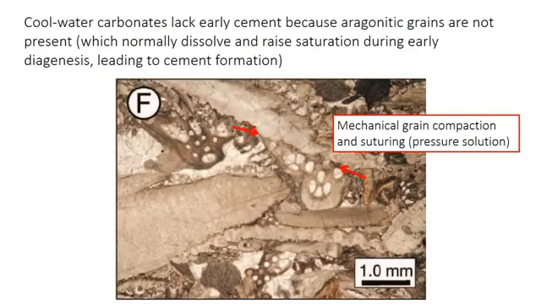So what this does is it raises saturation state in the pore water, ultimately leading to the formation of early diagenetic cements. But because heterozoan carbonates lack aragonite, these early cements just don't form, and actually the grains are instead compacted mechanically and they get sutured together. So this has important implications for porosity in these carbonates. Cool water carbonates typically lack a lot of the porosity that you might find in the warm water or photozoan carbonates.